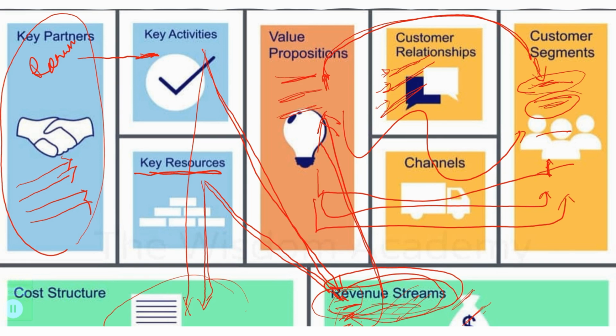Propagating value means sending your product to the customer. How you are going to send the product, and to make that product, whether the key resources are available within the selected area or not, and from where you are supposed to procure them, this has to be planned.